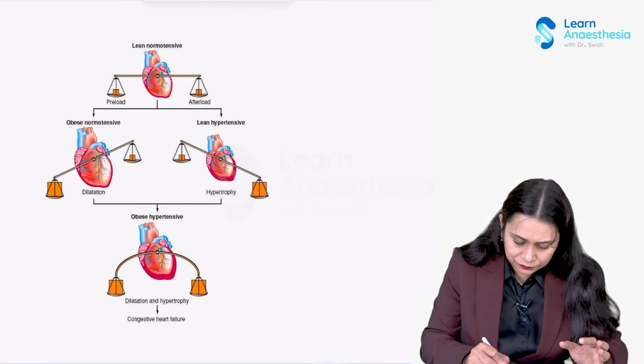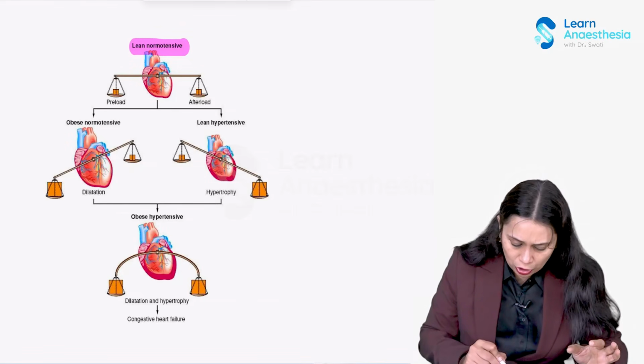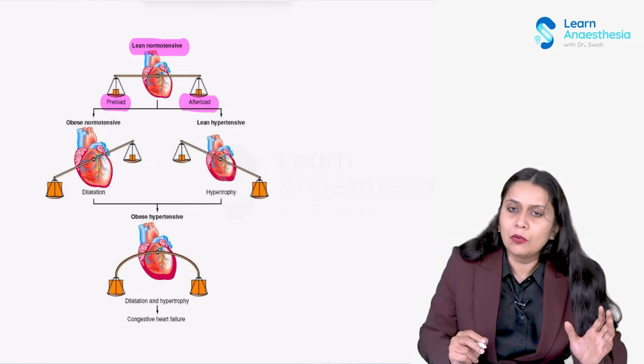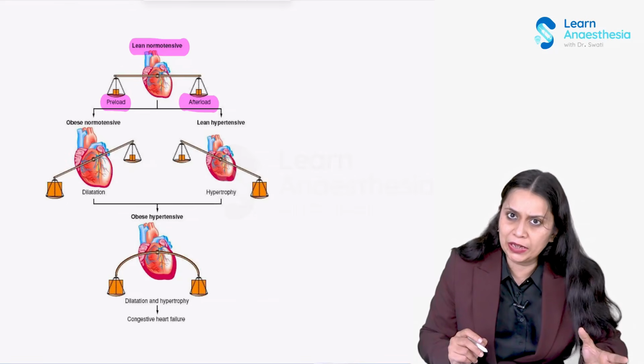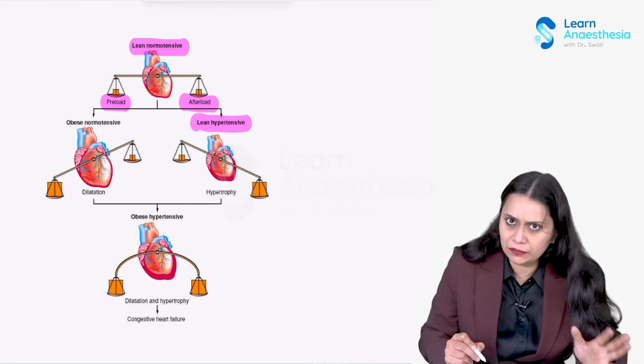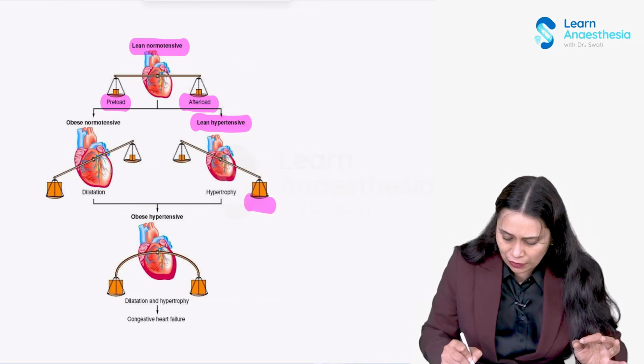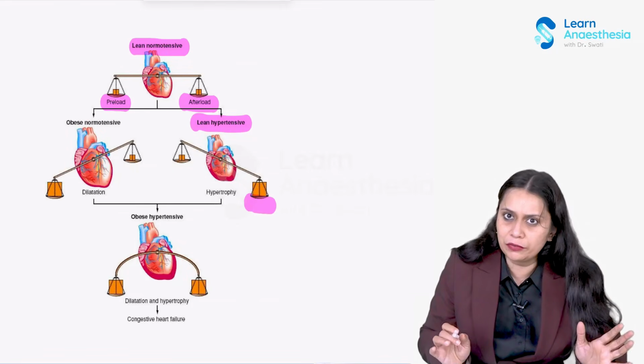Now let's say we have a lean normotensive patient who has a normal preload and afterload. What happens in hypertension? The afterload increases. So if it is a lean hypertensive, not obese, afterload will increase. The preload remains the same.